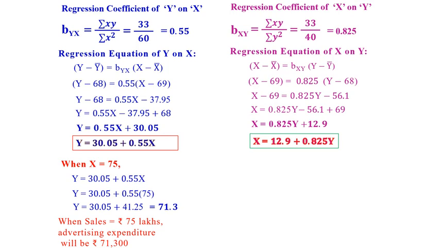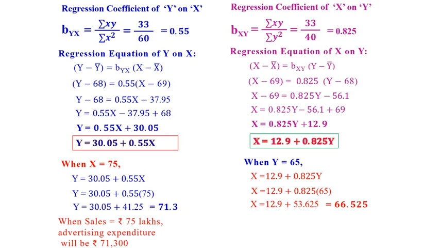Similarly, they have also asked what sales will be when advertisement expenditure is 65,000. So we have to use the x on y equation. When y equals 65, substitute the y value in the x on y equation, putting 65 in place of y. So 12.9 plus 0.825 into 65; multiply 0.825 and 65, you will get this.